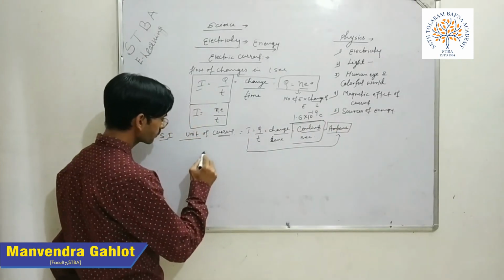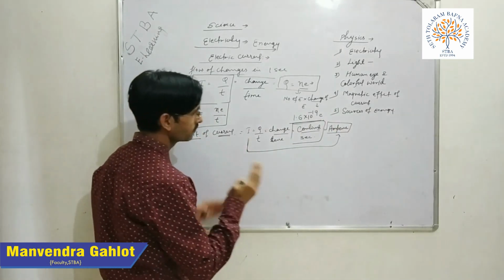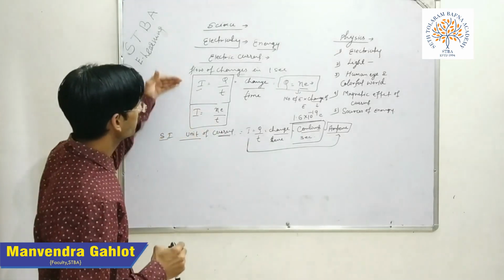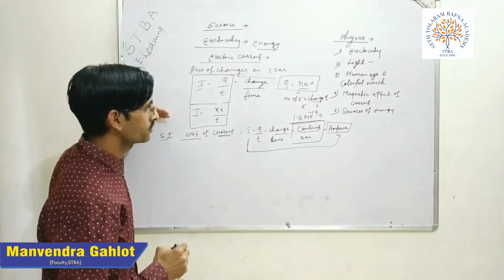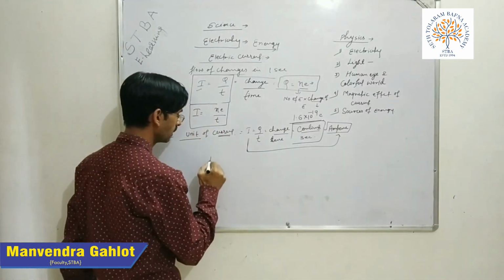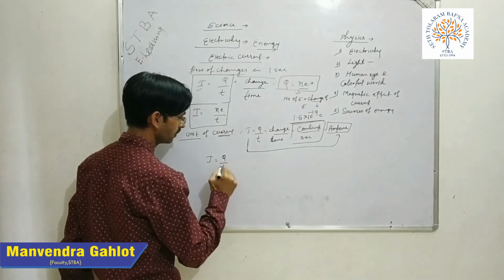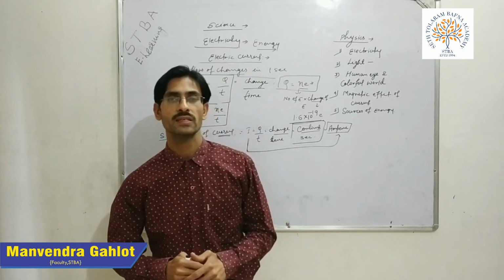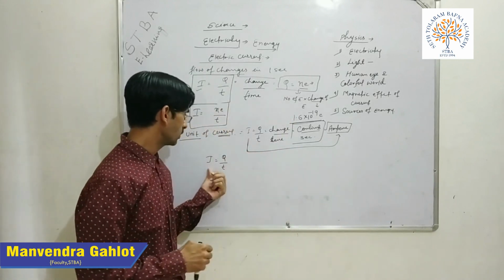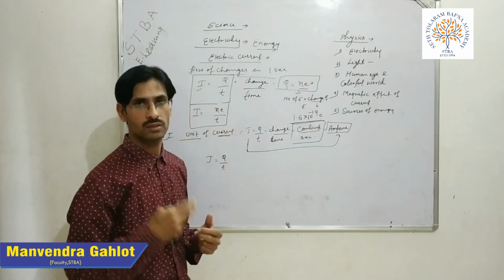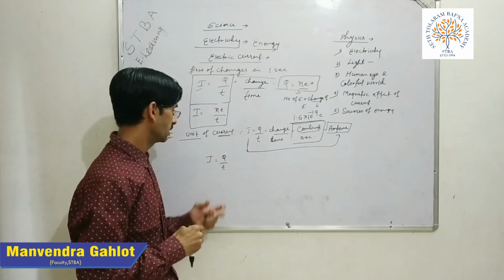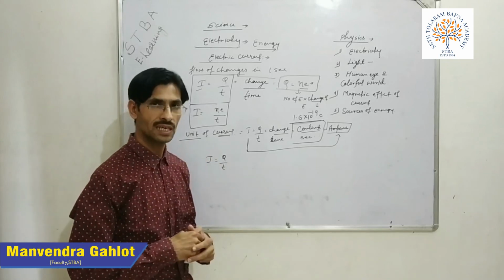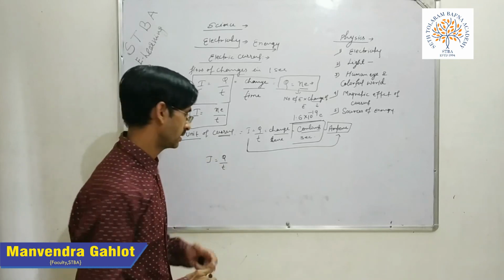Similarly, the next topic is related to electric current. We can use the simple formula I equals Q divided by T. Suppose I ask one question: how much current flows through a wire or conductor if 5 coulomb of charge flows for 5 seconds?